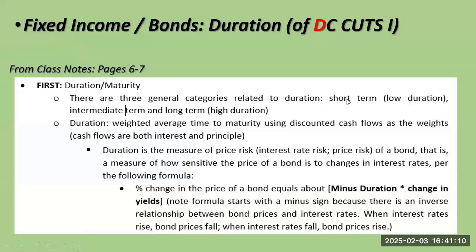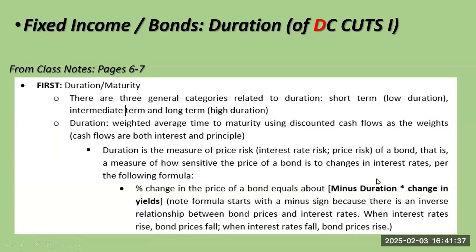So we got short-term, intermediate, and long-term. Duration is the weighted average time to maturity. Duration is a measure of price risk, also known as interest rate risk. And what we mean is how sensitive is the bond price to changes in interest rates. The longer the duration, the more sensitive it is. The shorter duration, the less sensitive it is. Here's this formula, minus duration times the change in yield.